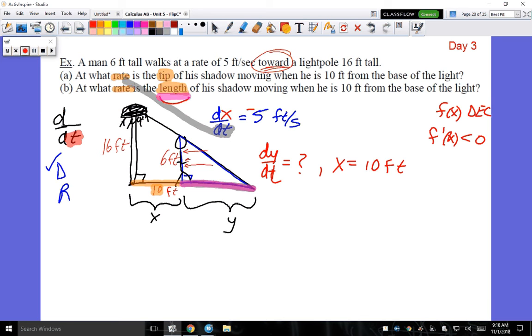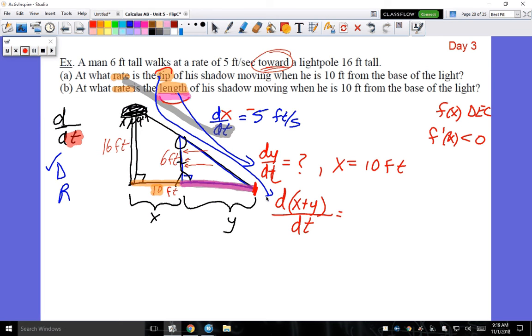We're also looking for the tip of his shadow. So where his shadow ends depends on how far he is away from what? The light. So this is going to be a little bit weird. It's going to be d(x plus y)/dt. Okay? So dy/dt is the length of his shadow, but the speed that the tip is moving at is d(x plus y)/dt.